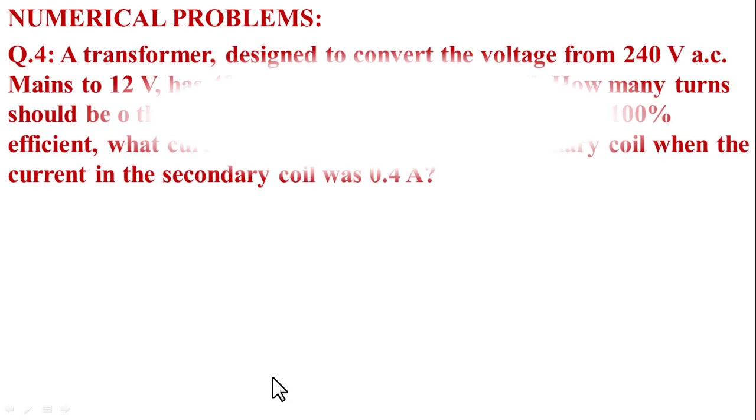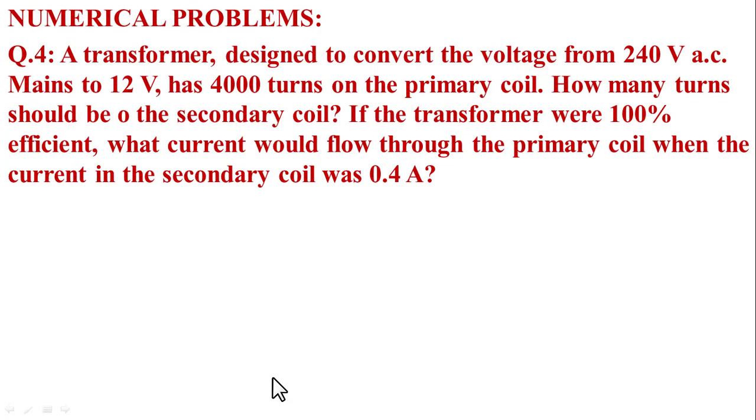Now we will move to the next numerical problem, question number 4. In question number 4, the given statement is: a transformer designed to convert the voltage of 240 volt AC to 12 volt has 4,000 turns on the primary coil.